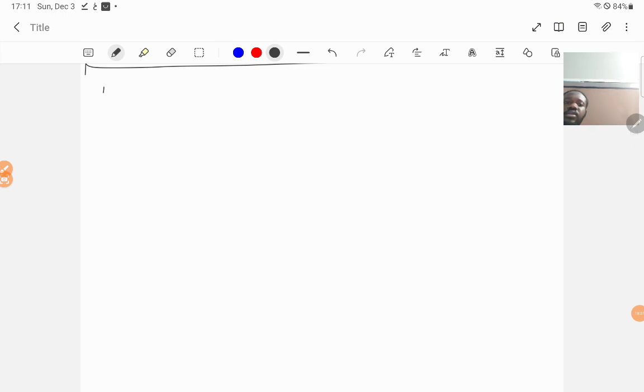Let's move to the final exercise. The final exercise has two parts. The first one is about drawing the SFG diagram.